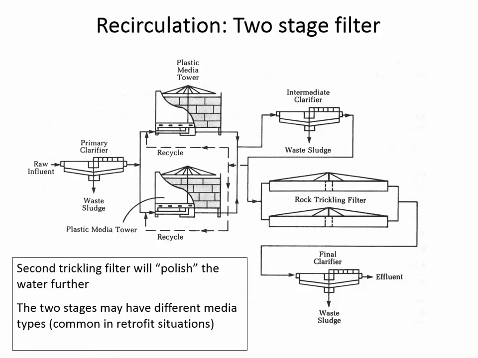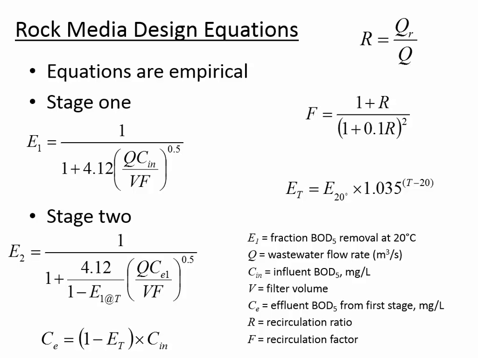This is showing a two-stage filter in this diagram, and it's using the first stage as a roughing filter and the second stage as a polishing filter. And in the calculations we're going to do for the in-class exercise today, you're going to see how the efficiency of the first rock trickling filter may be completely different from the efficiency of the second stage, because the BOD concentration is higher in the first stage.